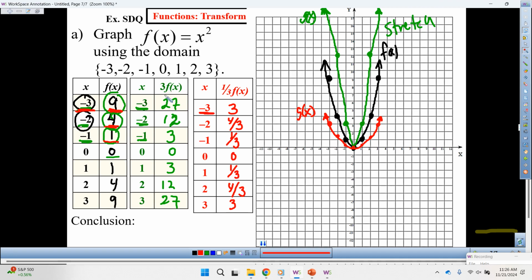Well, that it was a whole number multiplying f of x. So now that we have a fraction multiplying f of x, this is what we get. Talk it over with your neighbor. What is the one word that you would say happened to the black one to get the red one now that we're multiplying times a fraction? What would be one word?